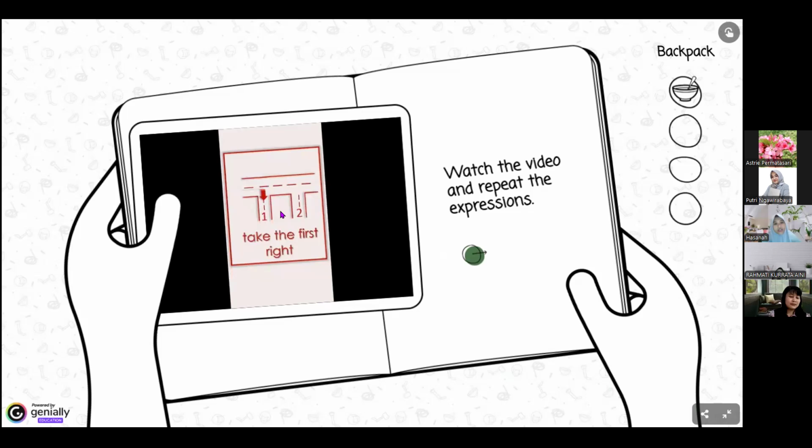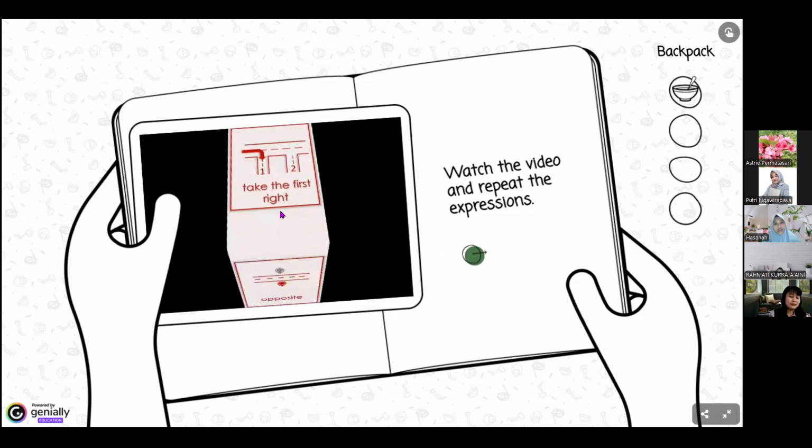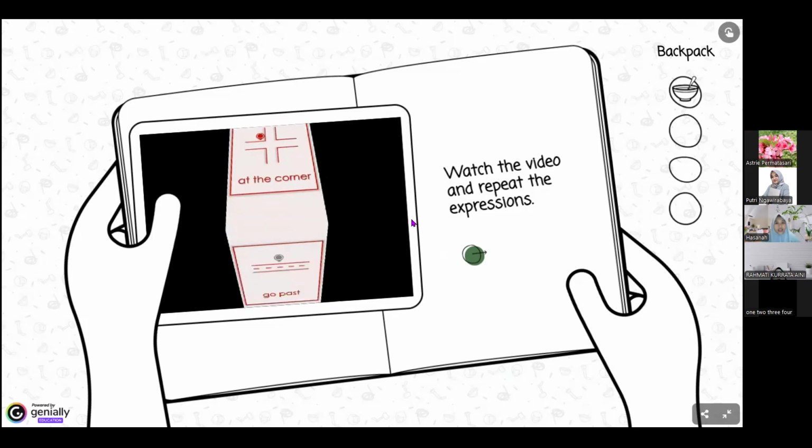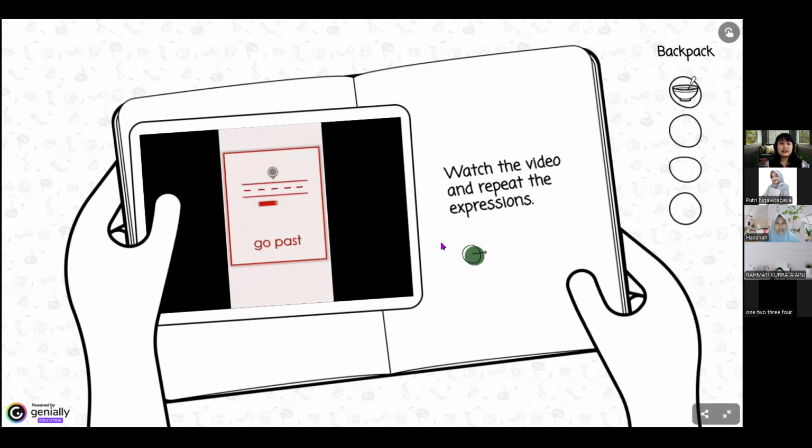Take the first right. Take the Take the first first right. right. Opposite. Opposite. Right. Next to. Next To to. Between. Between. At the corner. At the the corner. corner. Go past. Go Go fast.